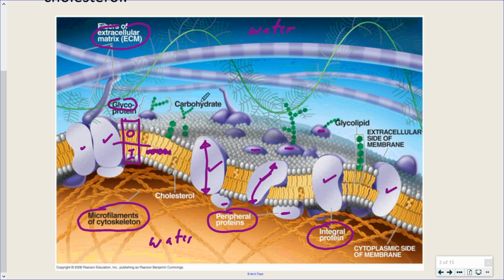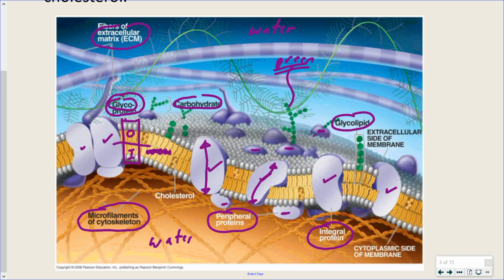So all of these chains that they're showing in green, those are representing sugars or carbohydrates that are either attached to the lipid portion, in which case they're called glycolipids, or they're attached to proteins, in which case they're called glycoproteins. Many, many different roles are associated with these, and we'll see some of those roles on the next slide here.